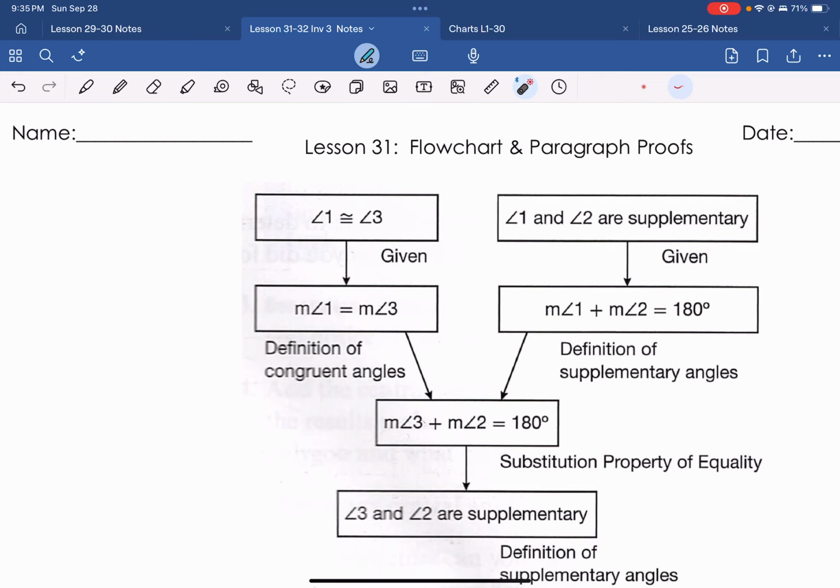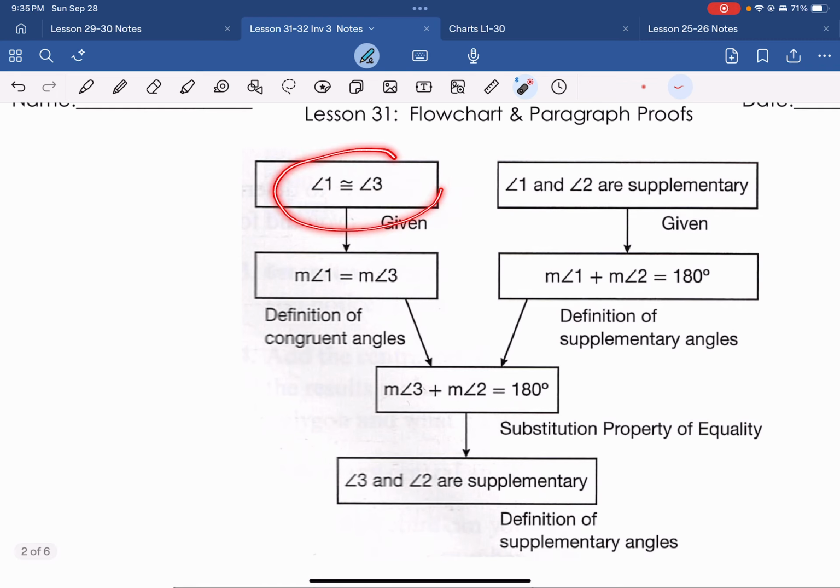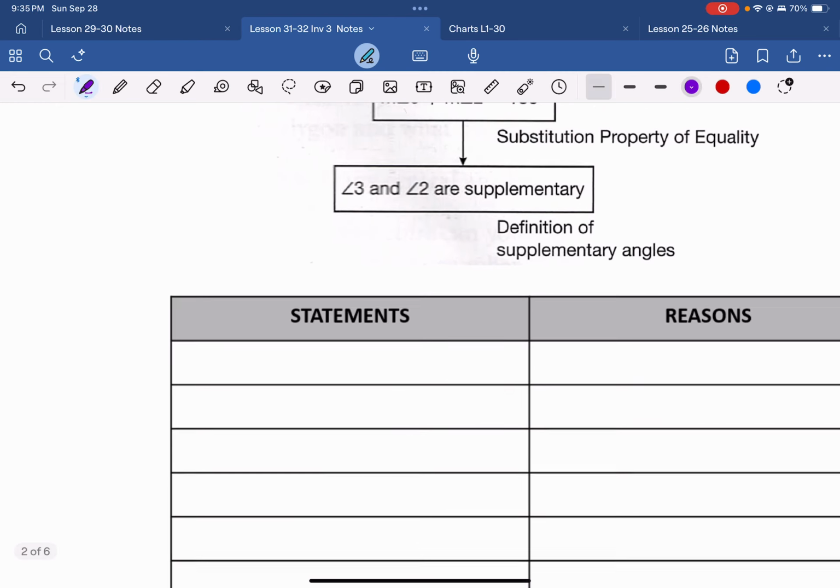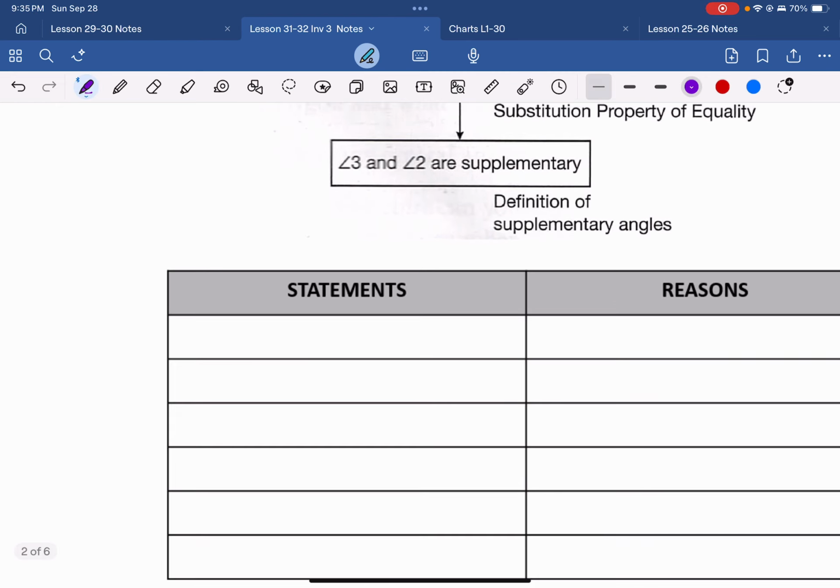So we're going to start with this one right here and list it as given in the first. So you go top to bottom, left to right. Okay. So in this first one, we're going to write angle 1 is congruent to angle 3 because it was given.